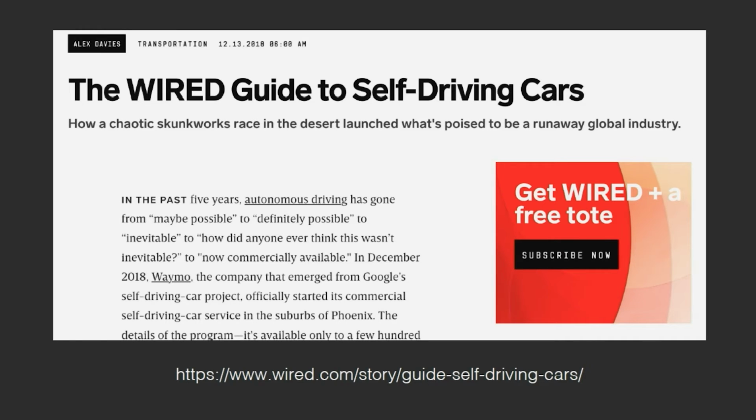This is from October 2018, so more than 3 years ago, when there was the peak of attention for self-driving cars. There was a kind of self-driving car guide, and it seemed that autonomous self-driving cars were just about to come to market.